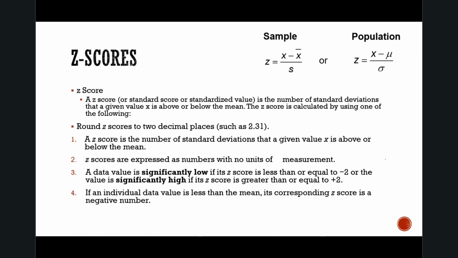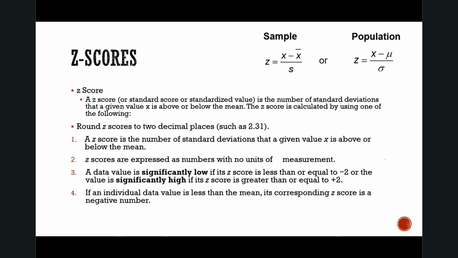My father-in-law is about 5'5". His z-score is negative because he is shorter than the mean. Someone who has a z-score of 2.31 is, whatever we're measuring, 2.31 standard deviations above the mean, right?